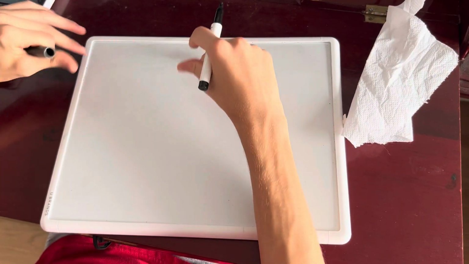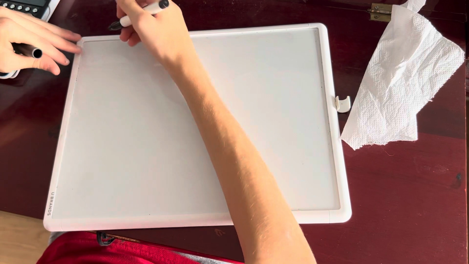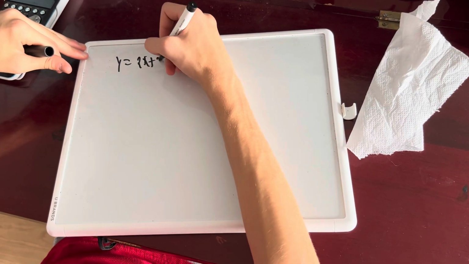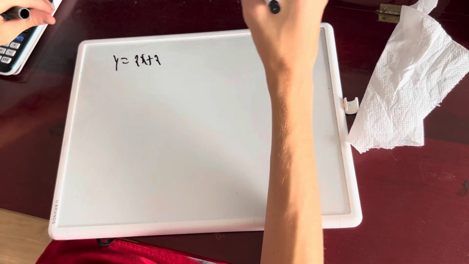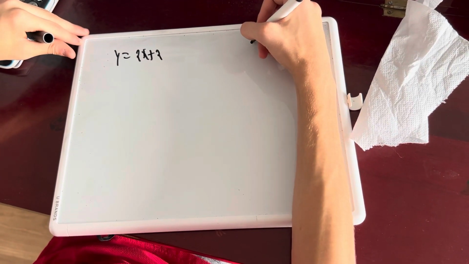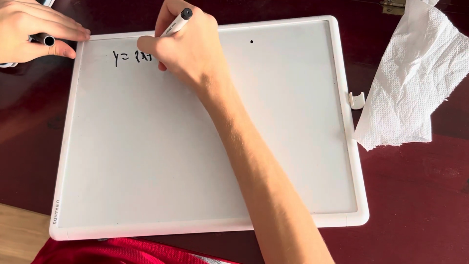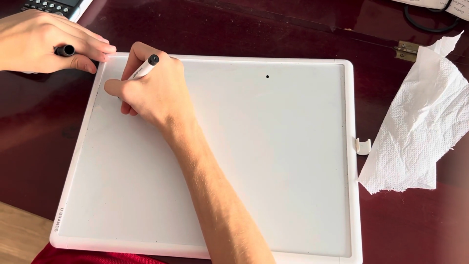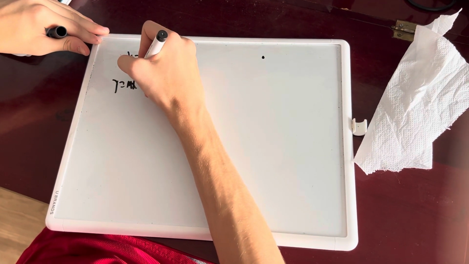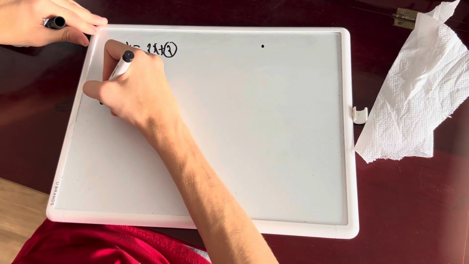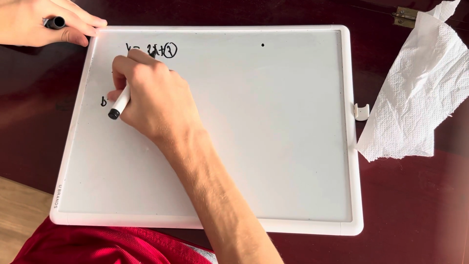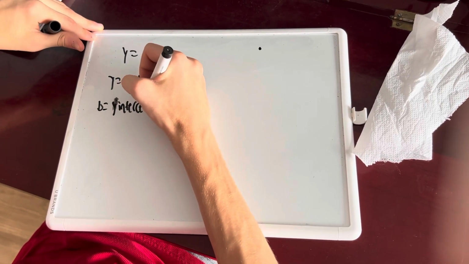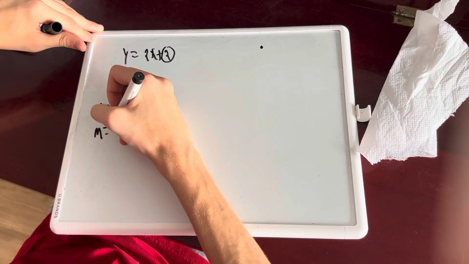So let's actually do 3 examples. Say that we're graphing y equals 2x plus 2. First thing we need to see is what our y-intercept is. In order to know this, we have the form y equals mx plus b, where b is your y-intercept and m is equal to your slope.